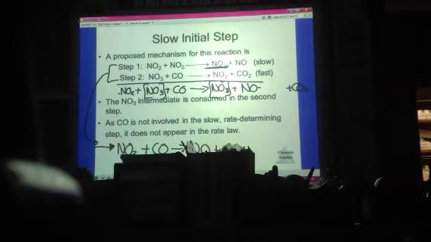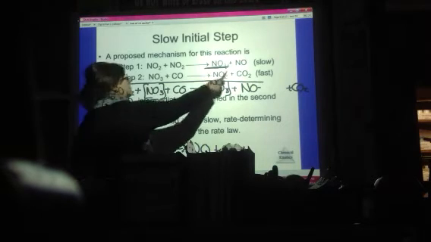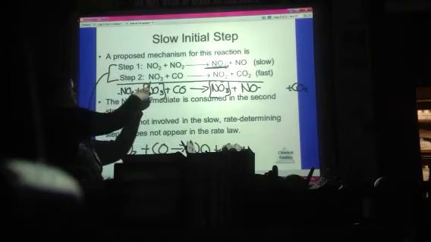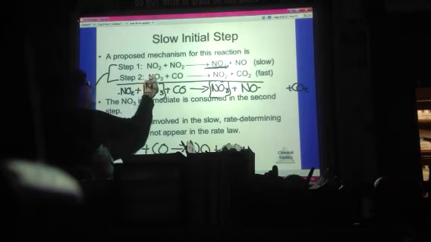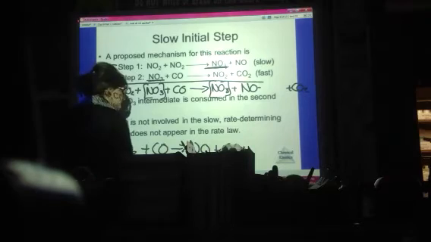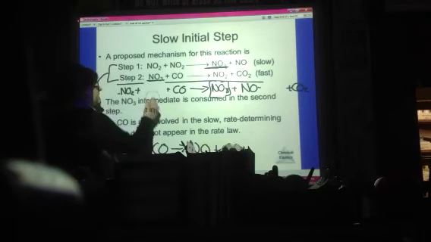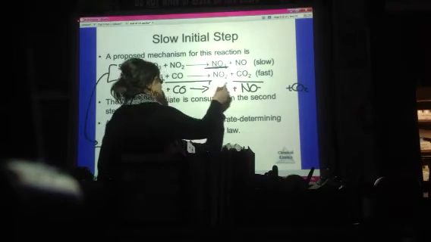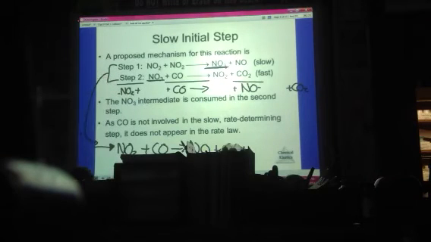That's how you're going to identify your intermediate. Because NO3 was produced, and now it's present in the next step, that tells me that's my intermediate. Ultimately, it will also cancel out of your equation. So NO3 is now also gone. But that's how you're going to determine what the intermediate is.